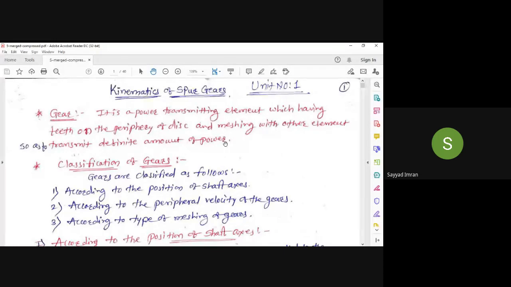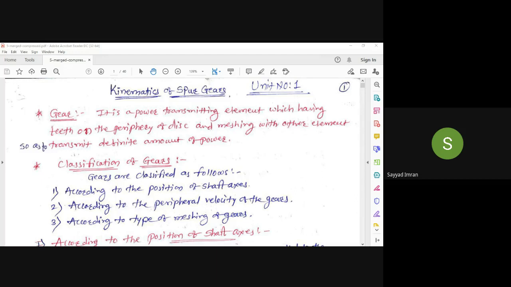You have studied maybe in basic mechanical engineering about power transmitting elements and non-power transmitting elements. You have studied power transmitting elements such as shaft, coupling, and another element.